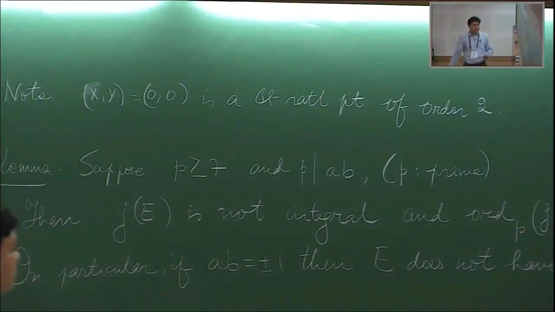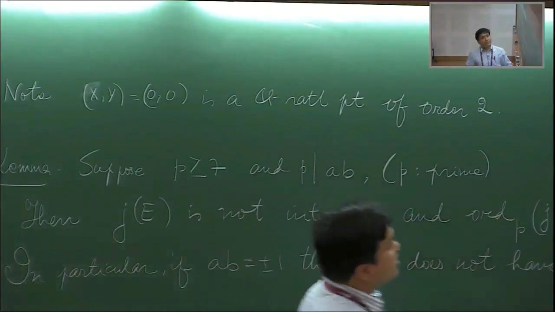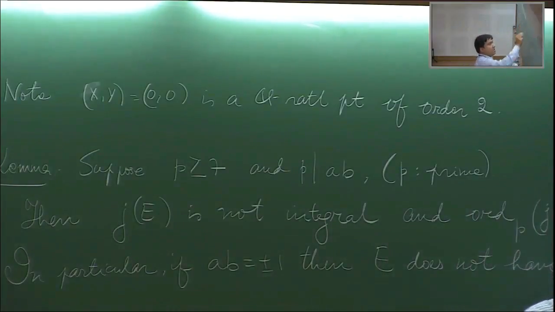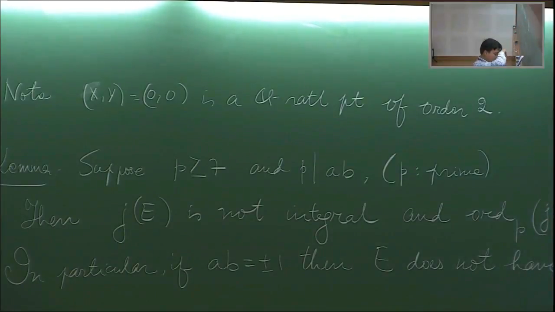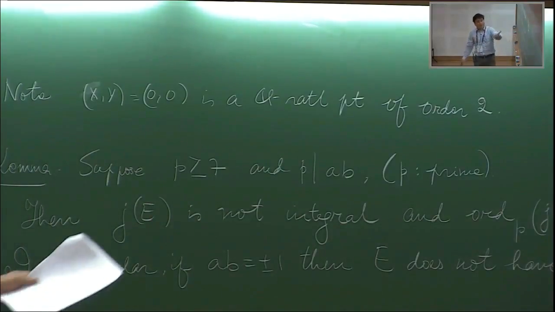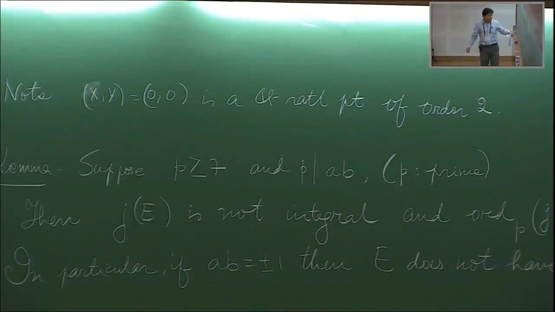The proof is easy. I will tell you what the proof is. It needs Silverman on elliptic curves. The first thing you have to observe is that if I have a prime p that divides ab, which is bigger than or equal to 7, then it divides the conductor just once, which means that p will be a prime of multiplicative reduction.